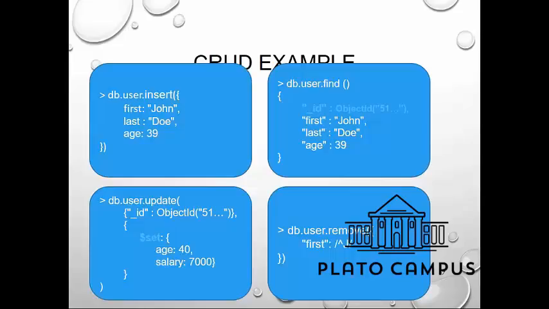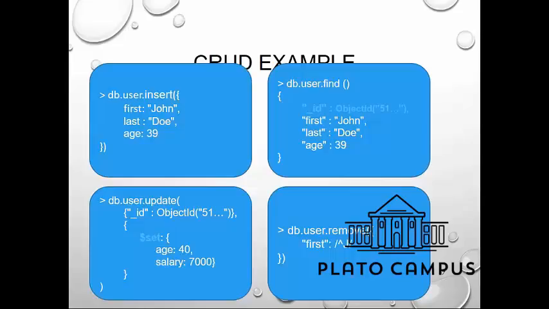Now I am finding out. Whenever I insert the data, after that when I find out the data, it has by default an ID. That means MongoDB gives a primary key to each and every document as a unique one, which in RDBMS we have to give manually. After that, suppose I want to update the data.